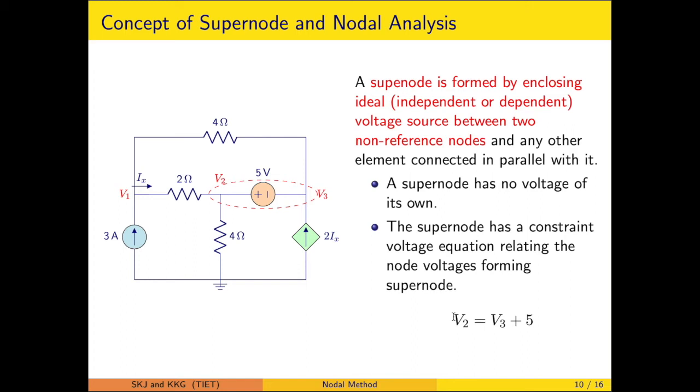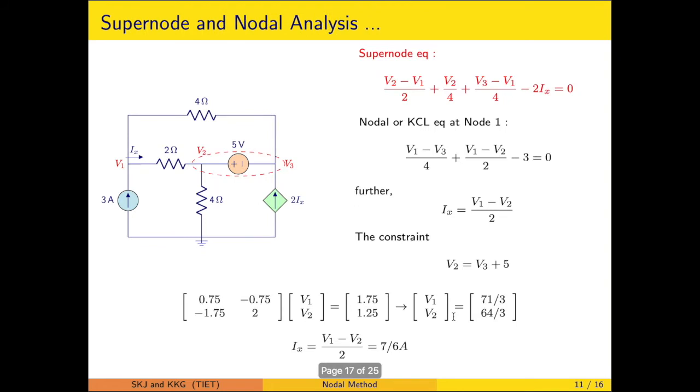Now how do we have to solve it? If we are not dealing with this as a supernode, and you are writing the nodal equation here at V2, you will be considering this as an outgoing current, this as an outgoing current, but here it is a voltage source, so you have to assign a new variable, let's say IA.